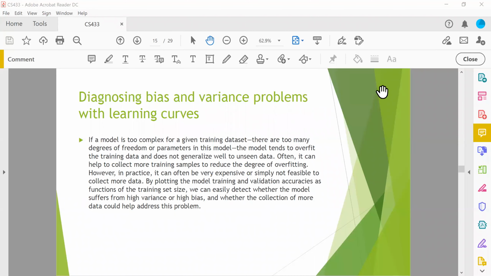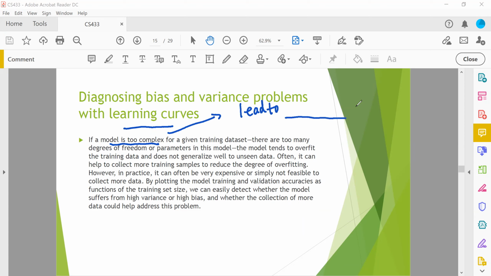The first one is the learning curve concept. Generally speaking, if the model is too complex, it can lead to what problem?